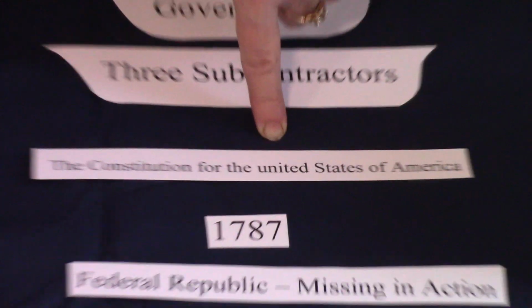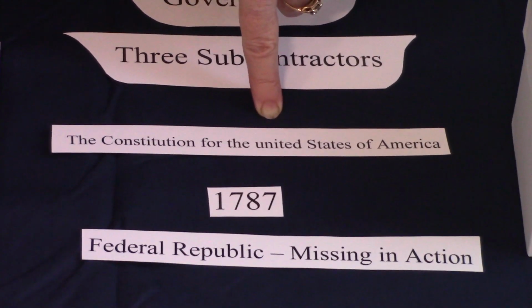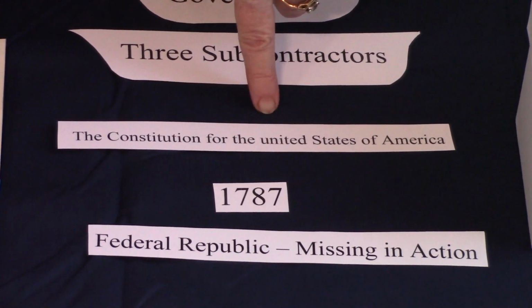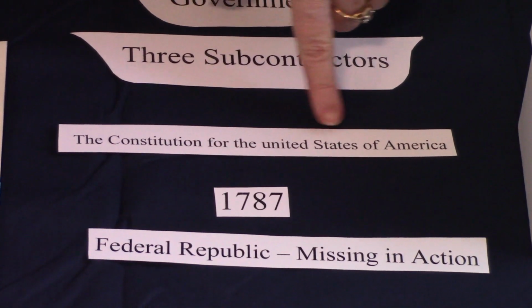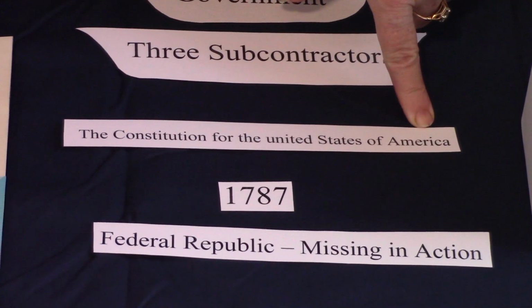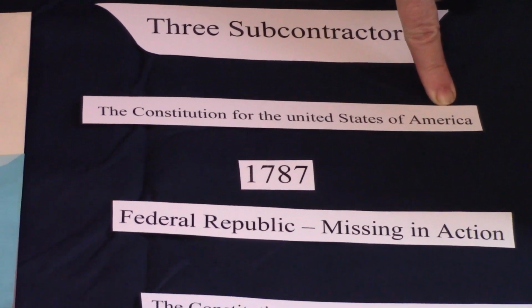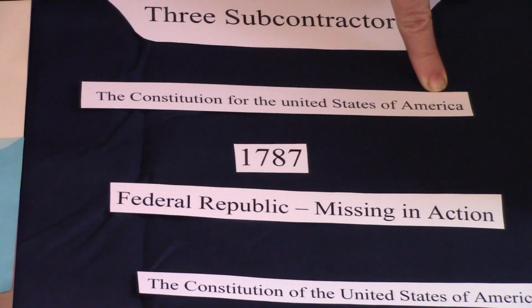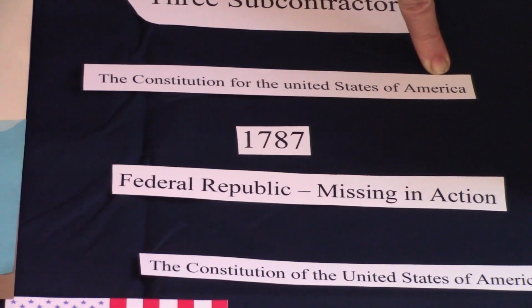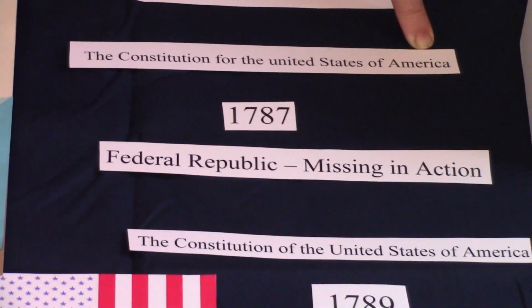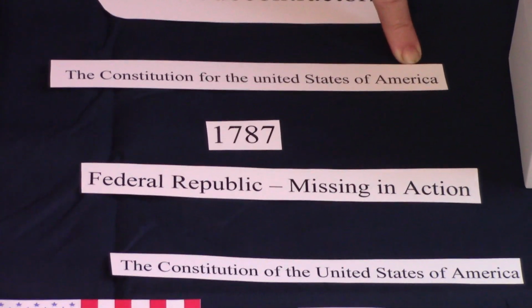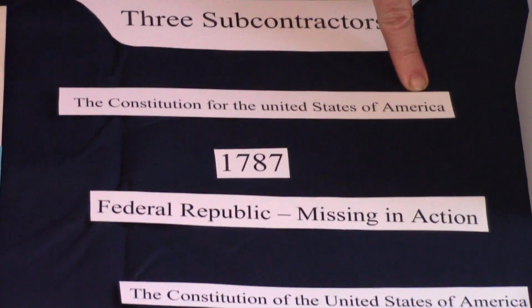It was operated under the Constitution for the United States of America. Notice that "United" is not part of the name of the organization that received the contract. The actual name of the American organization receiving the contract, our Confederation, was States of America.